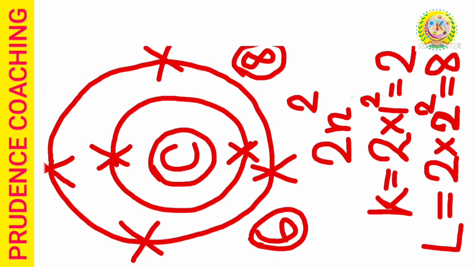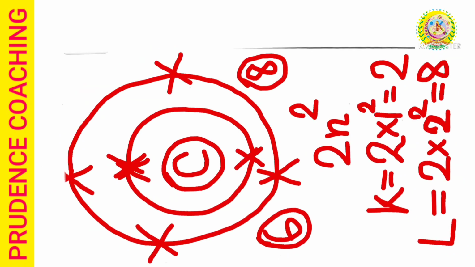Either carbon can give away these 4 electrons so that it attains the doublet, but it is not possible. It will require too much energy. And the other option is it can take 4 more electrons so that it may attain the octet, but it is also not possible because then also it will require much energy.